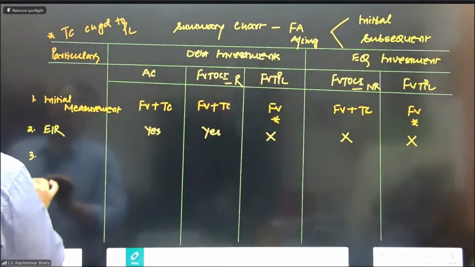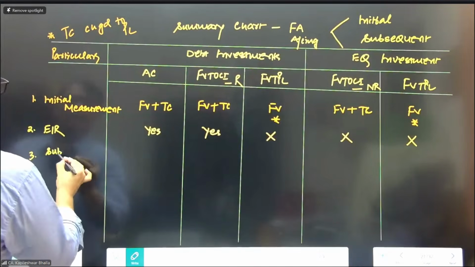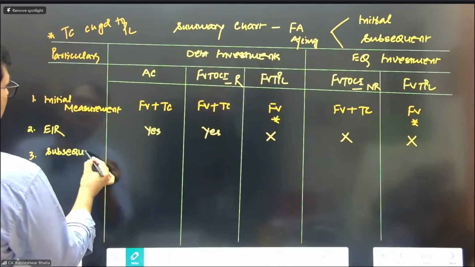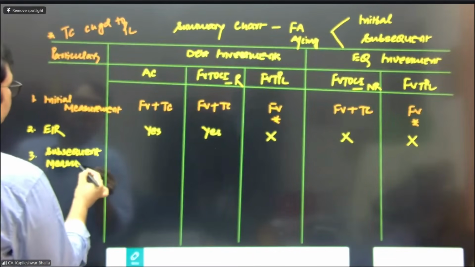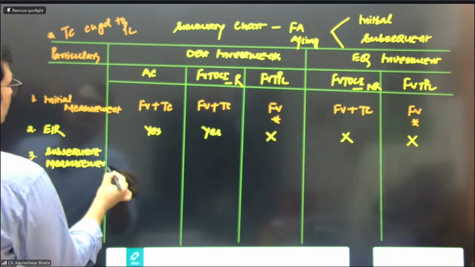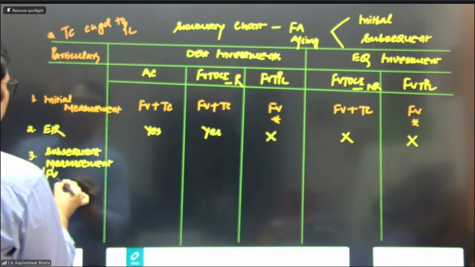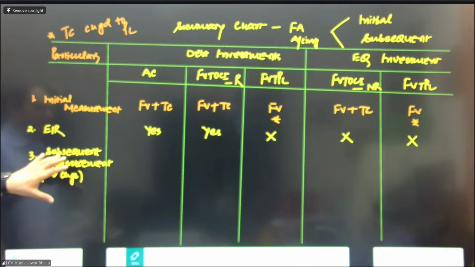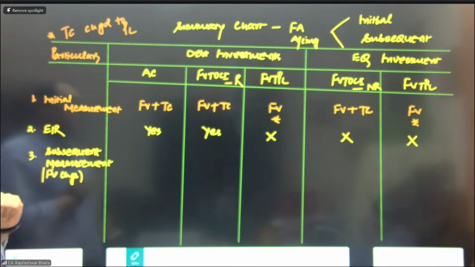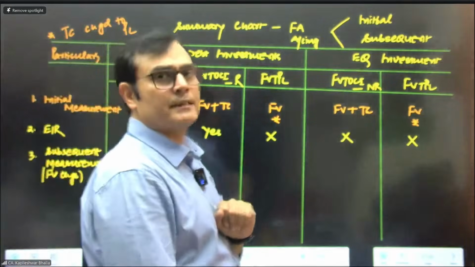Next, subsequent measurement. Basically, I want the fair value changes. So can I say fair value changes are captured in all the cases except AC?